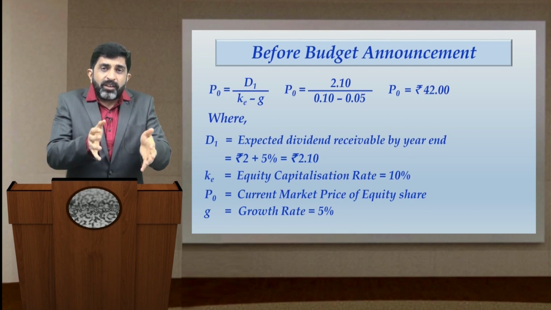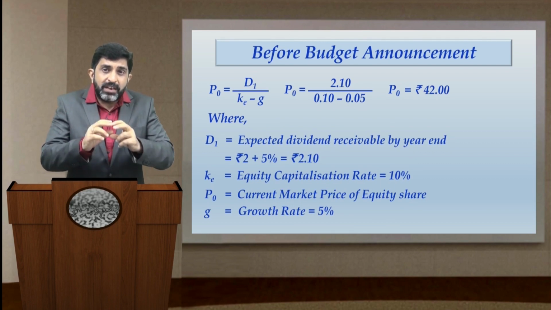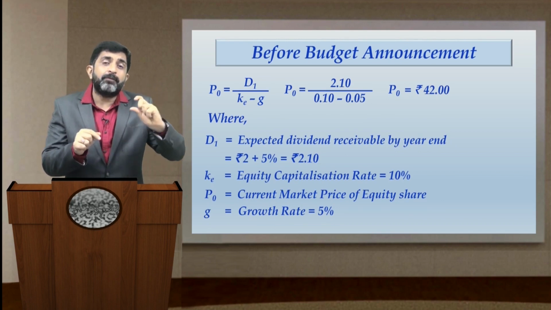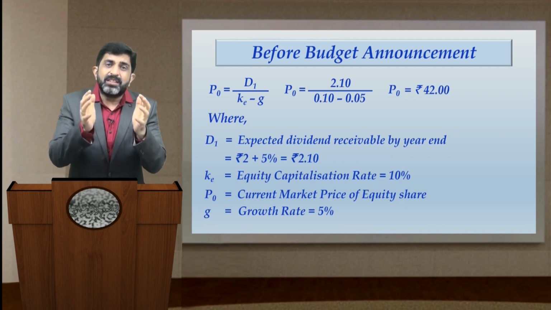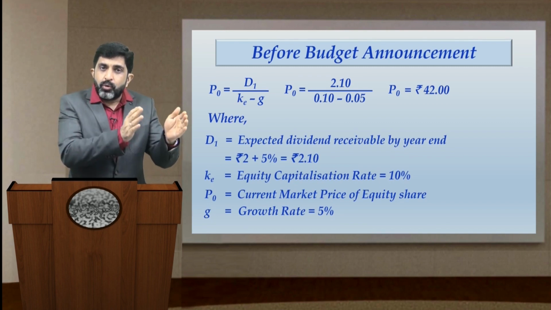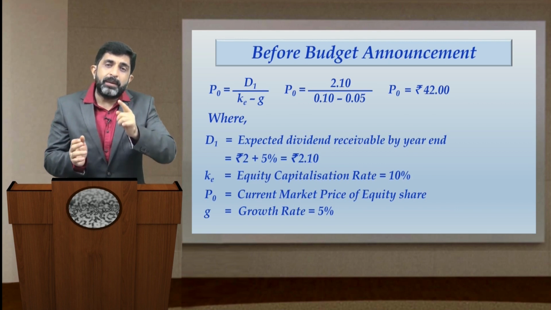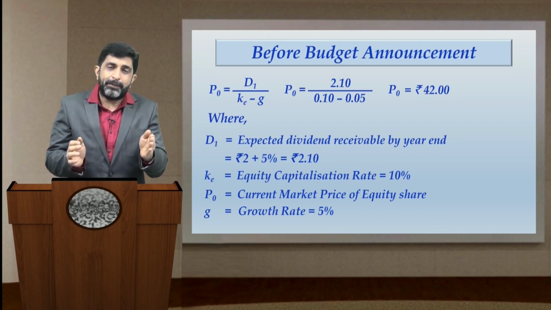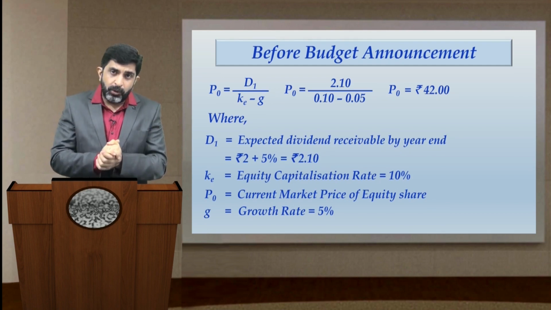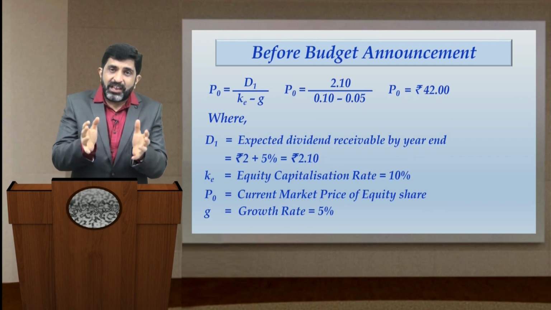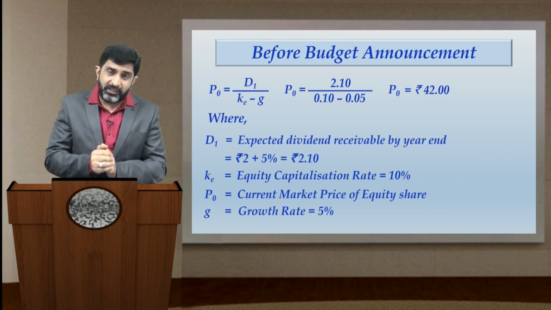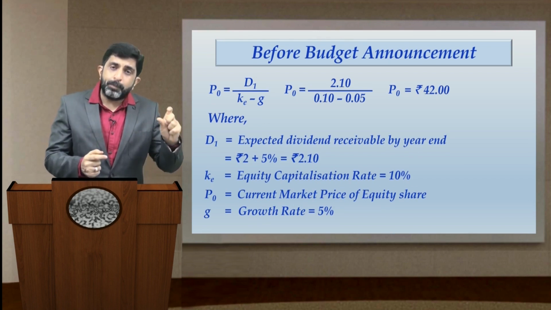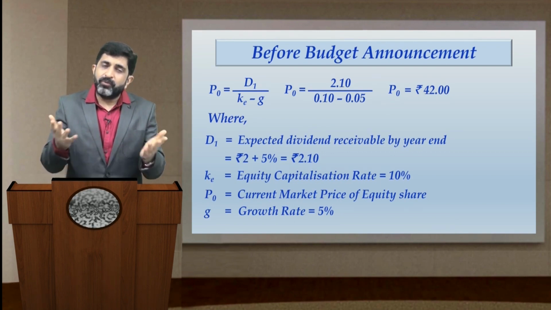As a result, because the shareholder is now receiving dividend after the tax has been paid, after considering dividend distribution tax, the base value which was rupees 2 will be 2 minus 0.20, that is rupees 2 minus 20 paisa, that will be 1.80. The base dividend itself will change. That is the second impact of the budget announcement. Taking both of these implications, when we compute P0 after budget announcement, we get what we want.